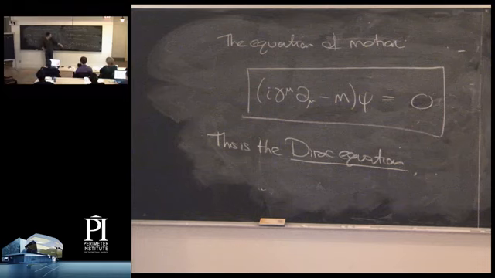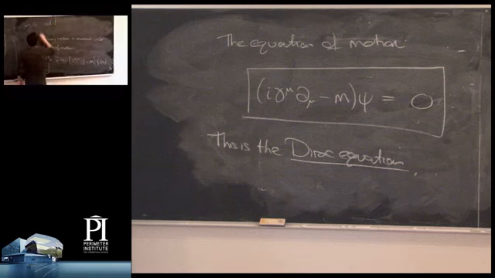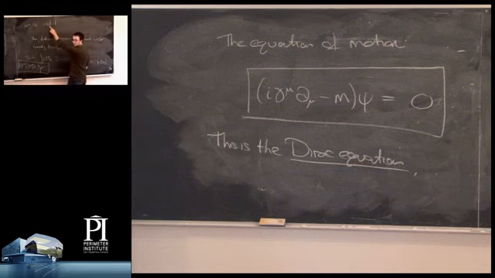Let me say this explicitly. If mu goes from 0 to d minus 1, so d is 4 for our world, the dimension of the gamma matrices is 2 to the integer part of d over 2.